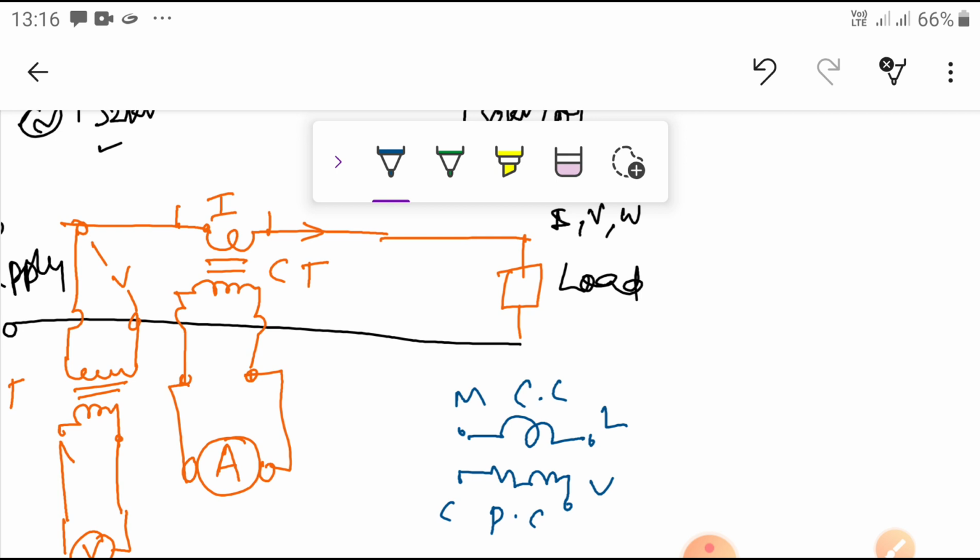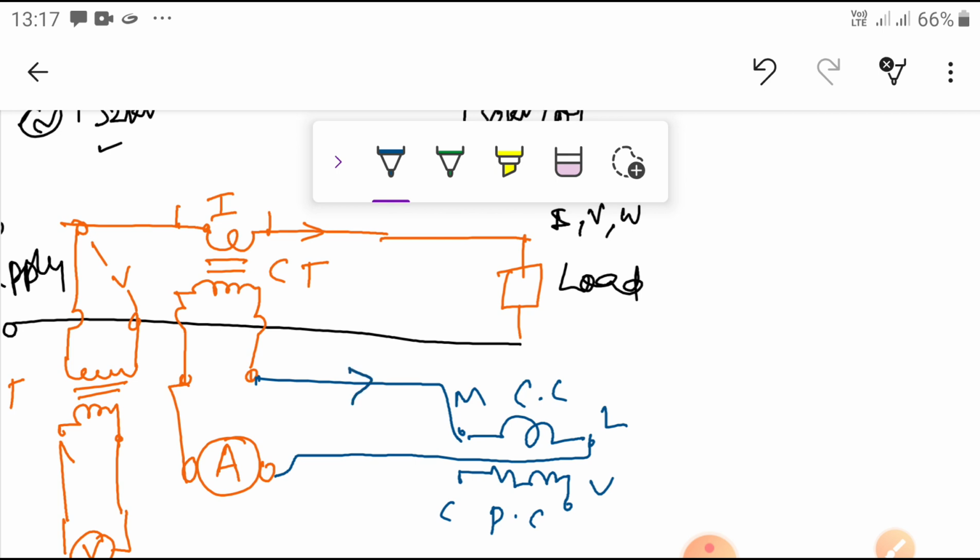The CC coil you have to connect in series. You take it outside. Now here you take this terminal and connect one terminal to this one and another terminal to this one.